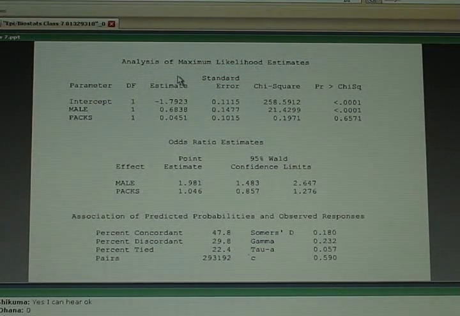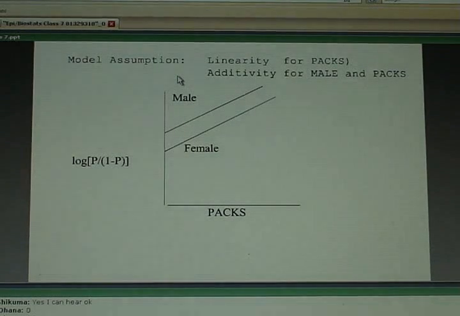Now, as I mentioned last week, what that means is I'm making an assumption of linearity. Essentially, what I'm assuming is the following picture, that the males and the females have their risk of getting, or their log odds of getting disease, depend on their smoking status. It depends on it in a certain way. The model assumes that smoking has a linear relationship.